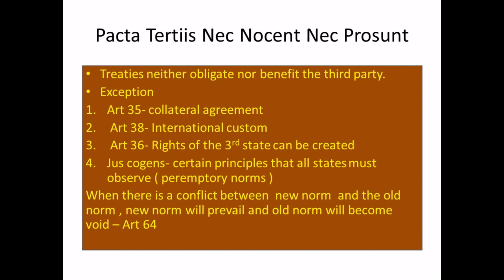When society keeps on changing and law keeps on changing, the norms that were created earlier, if we think they are not so effective and we make a new norm, obviously the old norm becomes void. So if there is a conflict between the new norm and the old norm, it is understood that the new norm will prevail and the old norm will become void.